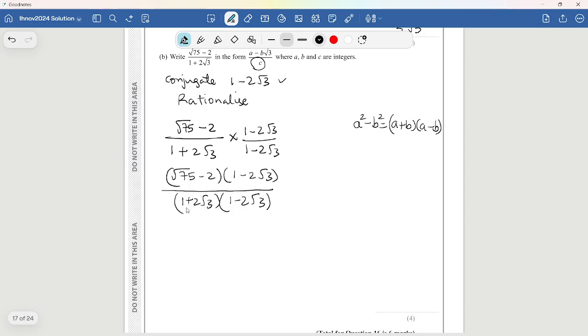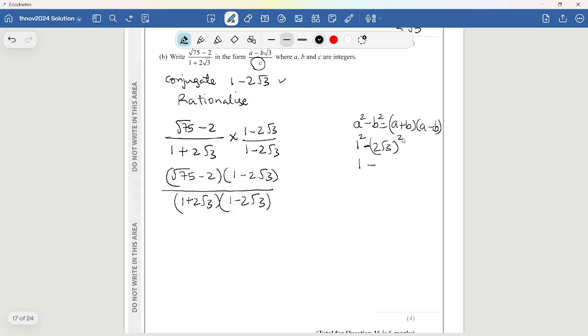So this is of the form a plus b times a minus b. So this factored form can be expressed as a squared minus b squared. So here a is 1, so that's 1 squared minus b is 2 root 3, so 2 root 3 squared.